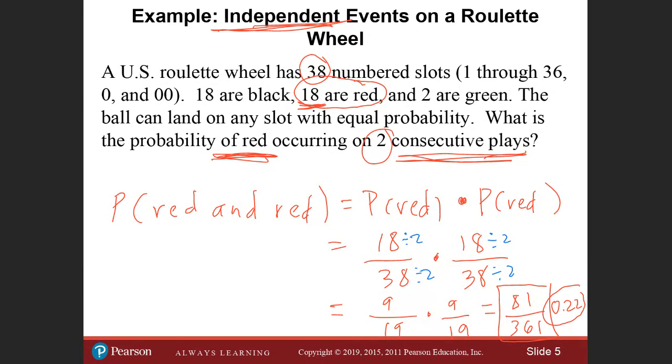Okay, that's 22% probability. Okay, so that's an example for and with independent events. Now let's look at and with dependent events.